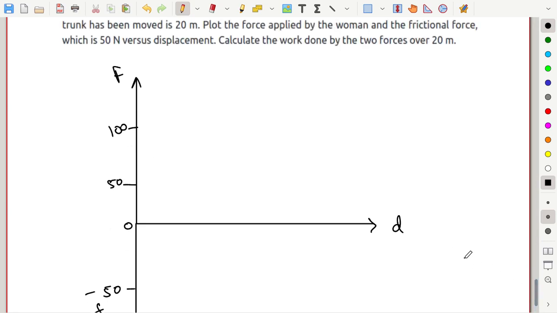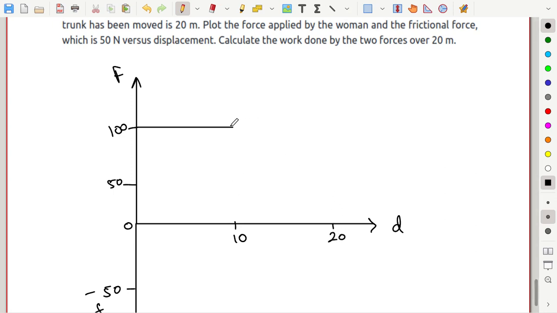So the woman initially travels up to 10 meters with a constant force of 100 newtons. After that, she travels another 10 meters to reach 20 meters from this point.